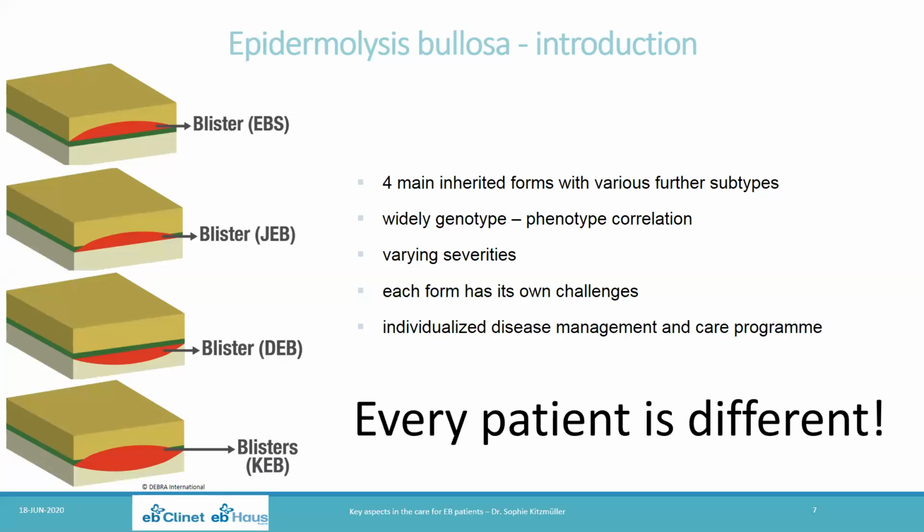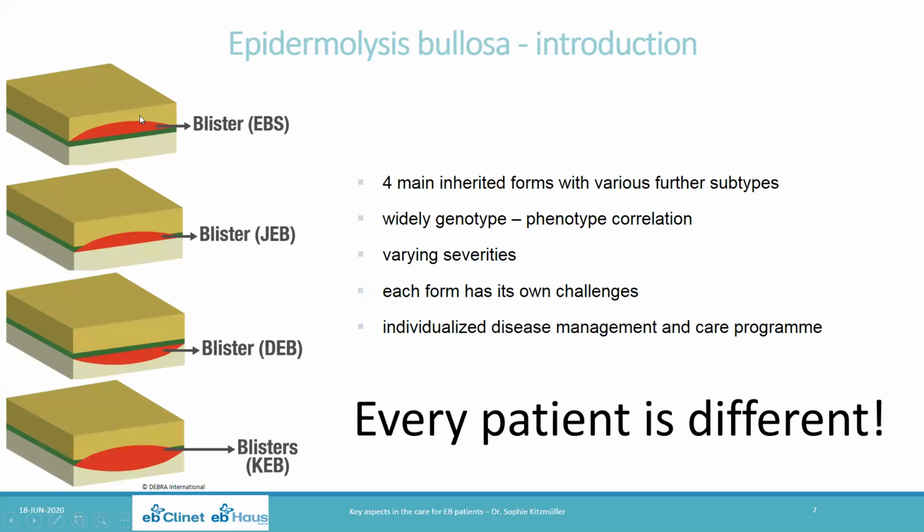Also, psychological factors, environmental factors that lead to disease severity and disease progression. And usually the classification of the four main forms, which are simplex, junctional, dystrophic, and Kindler EB, are parted depending on where the blister arises.